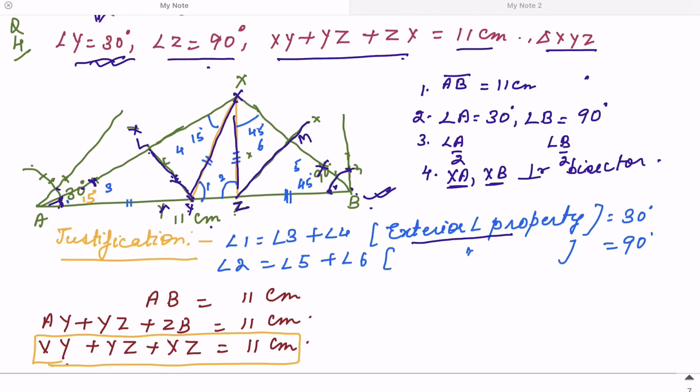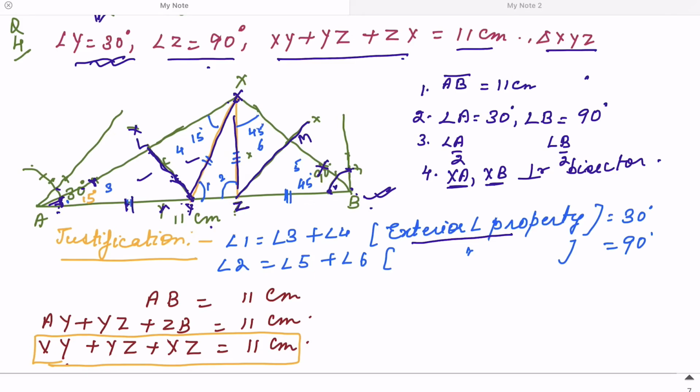What we have done, as it is a perpendicular bisector, LY is perpendicular bisector of AX. That means AY is equal to XY, as this line is perpendicular. So using RHS property, AY is equal to YX.